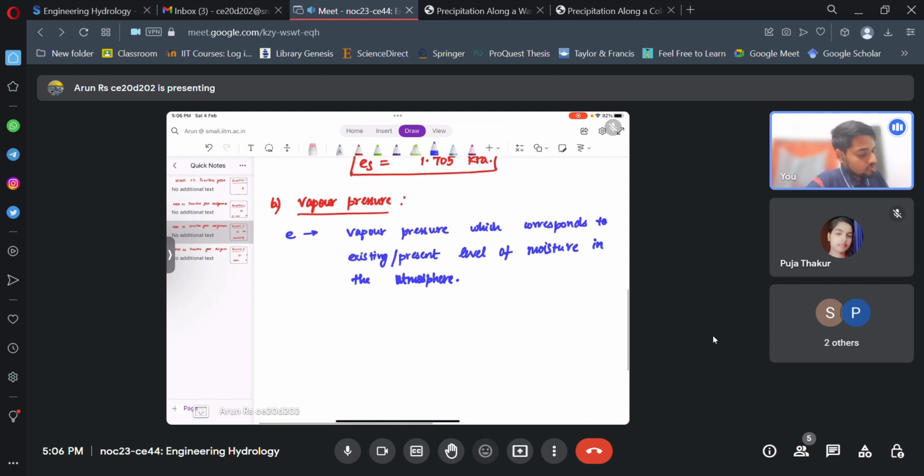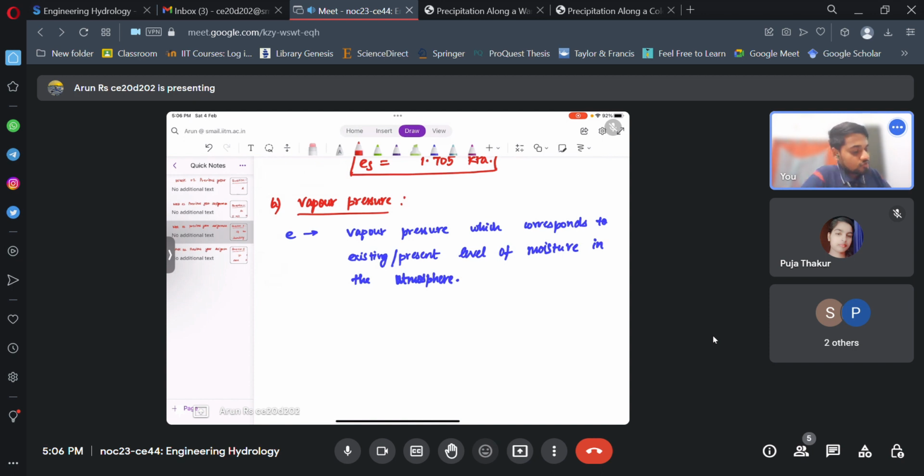Here the air is not saturated, but it is just the present amount of moisture, and the vapor pressure which is exerted at this moisture level is represented by this value.